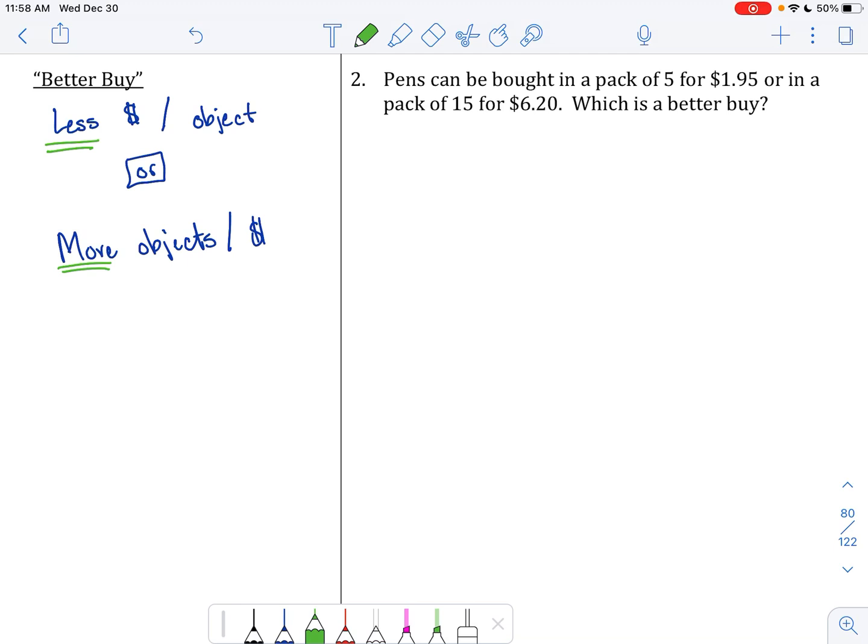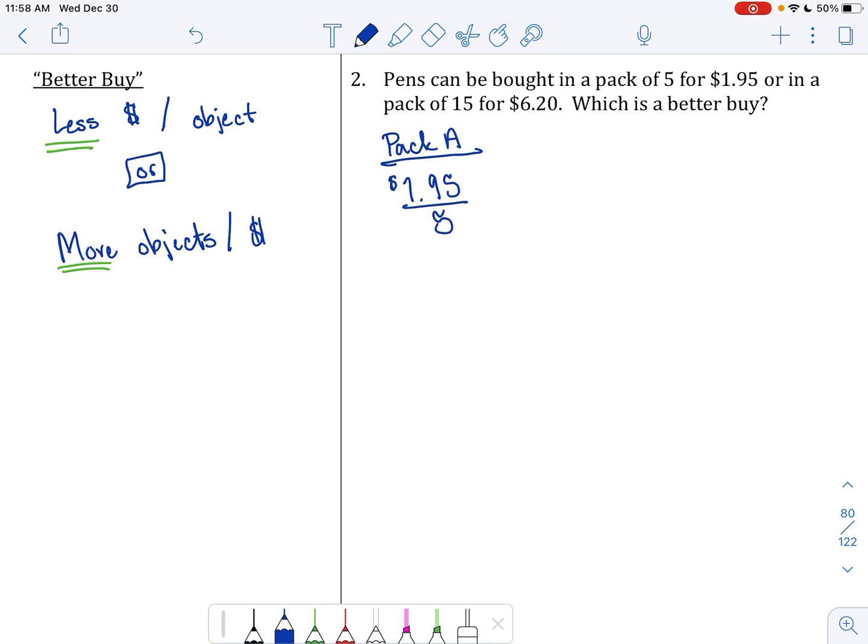So pens can be bought in a pack of 5 for $1.95 or in a pack of 15 for $6.20. Which is the better buy? So one way to do this problem, there are several, is just to compare the unit rates. So I'm going to find the unit rates here for pack A, which would be $1.95 per 5.